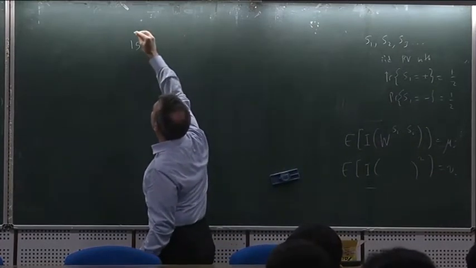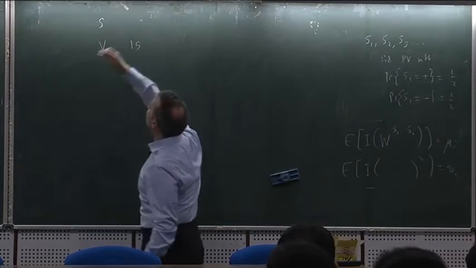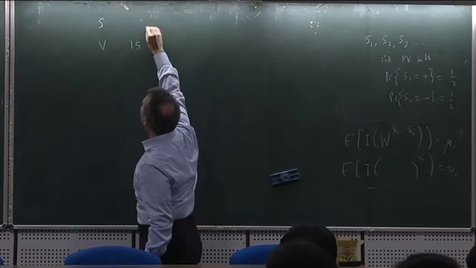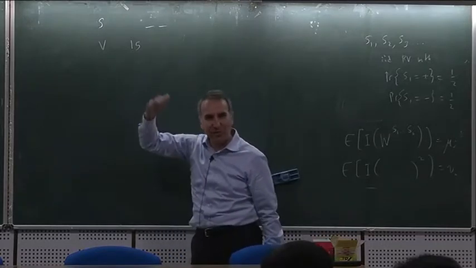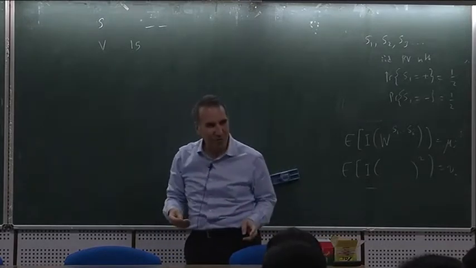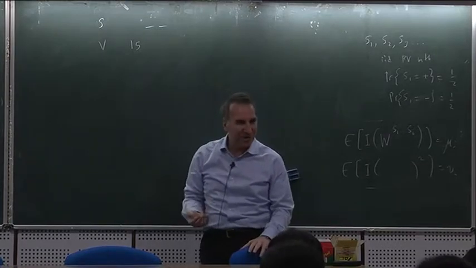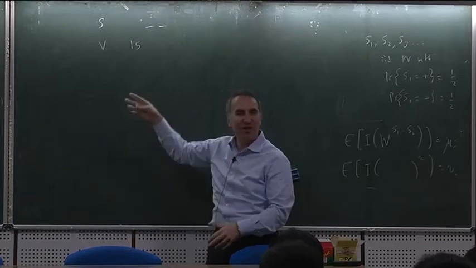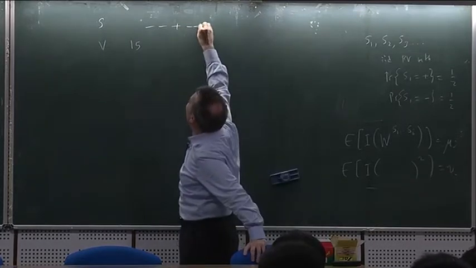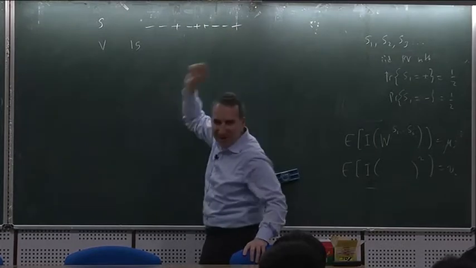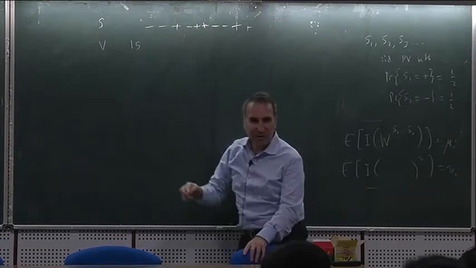I'm trying to guess a random sequence, so let's flip things up. Anybody with a coin to flip and then tell me minuses and pluses? Just say some signs, not all minuses, please. So minus, minus, plus, minus, plus, plus, minus, minus, plus. Something like this.